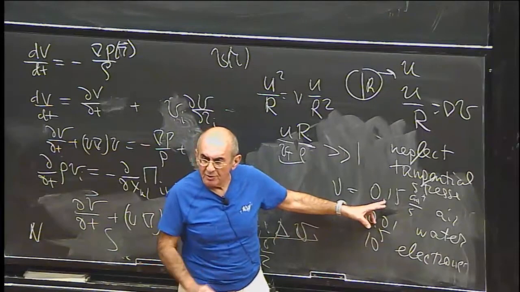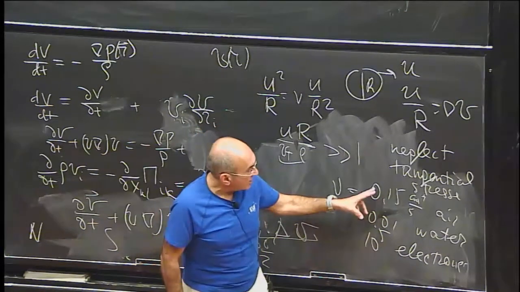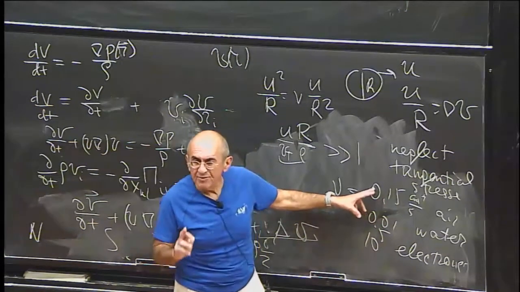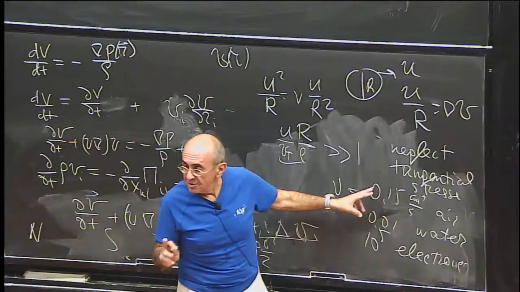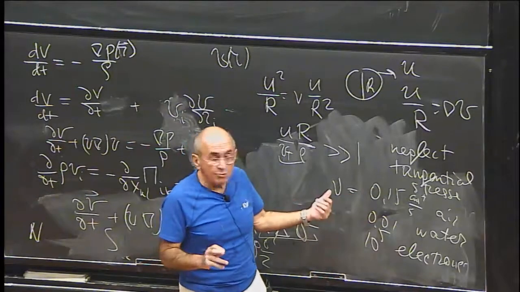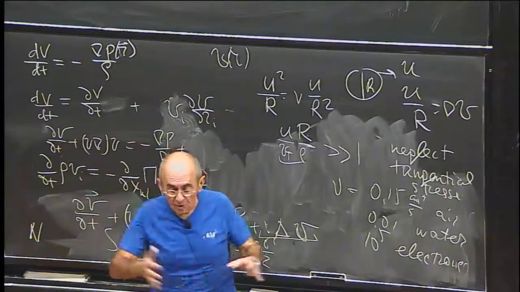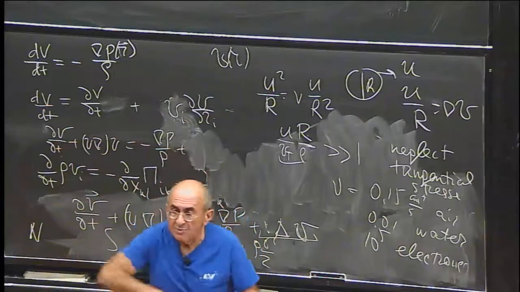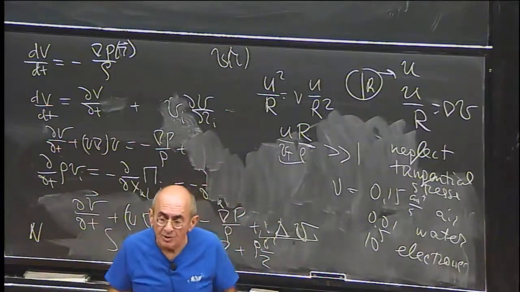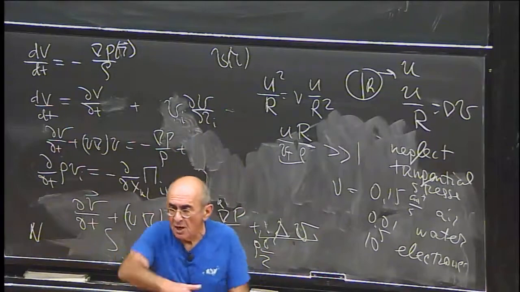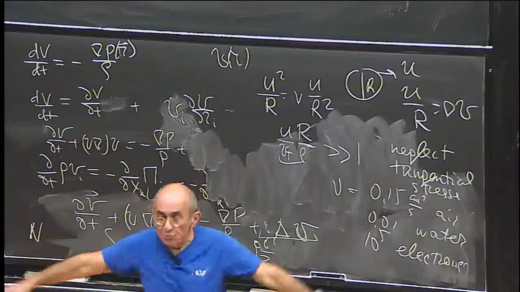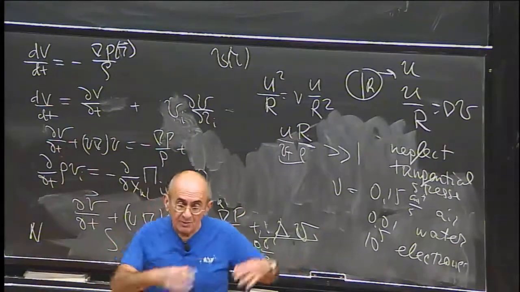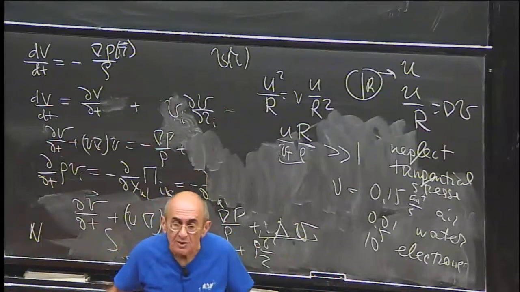This is something about everyday life. Air is 15 times more viscous kinematically than water, because this nu is a diffusivity. It tells you, if you take a vortex of the size 1 meter, or I don't know, 10 centimeters, how long it would take to diffuse: it would take 15 times longer in water than in air.